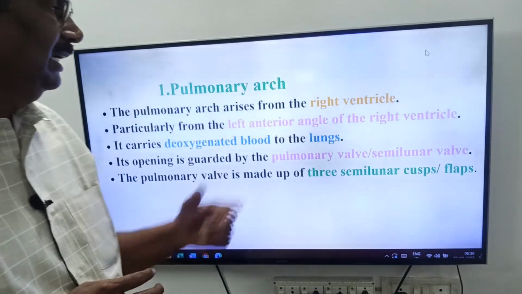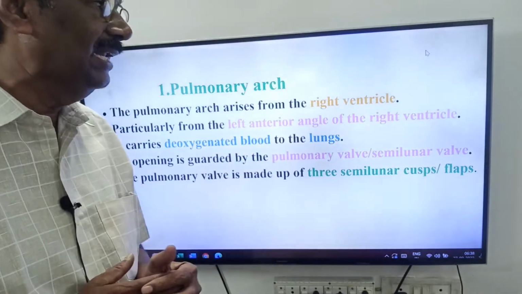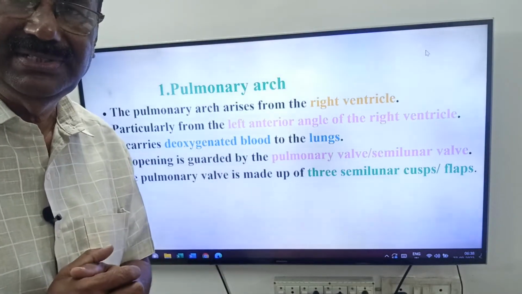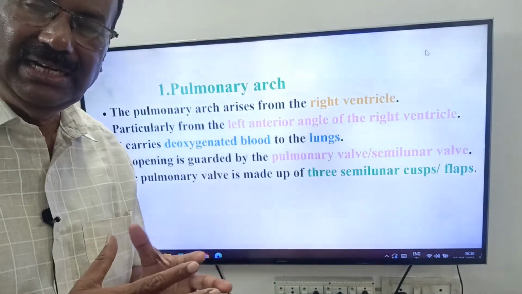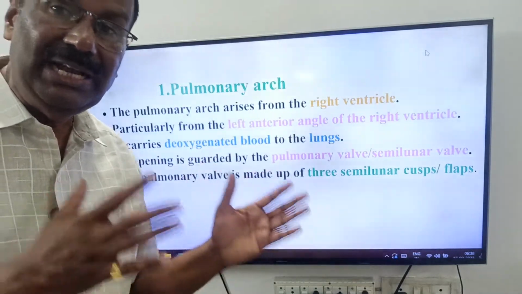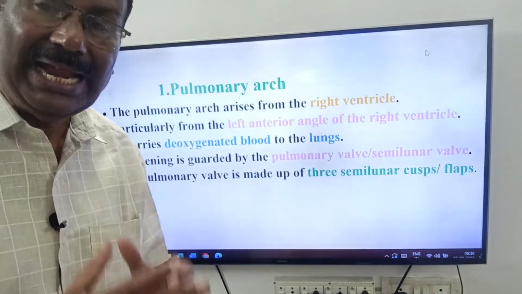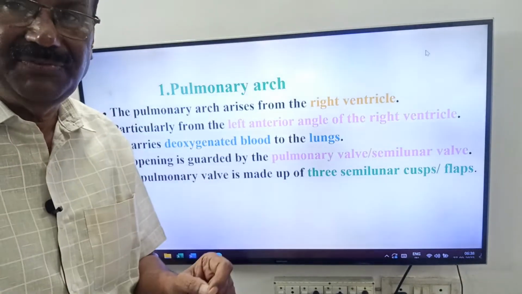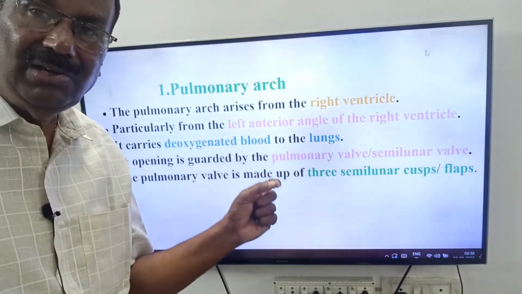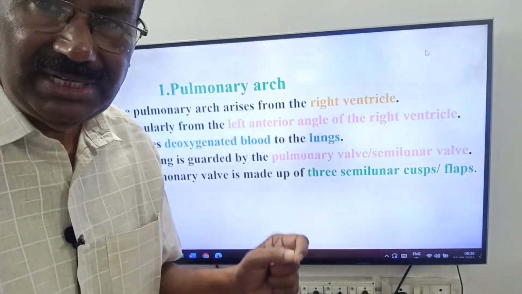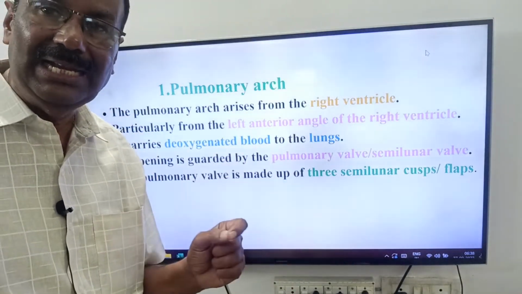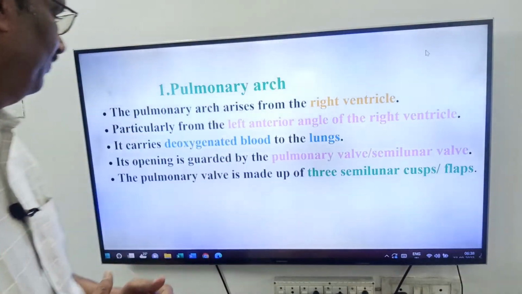But in NEET you have to specify from where it is arising. Particularly from the left anterior angle of the right ventricle. Once again, the pulmonary arch or pulmonary aorta arises from the left anterior angle of the right ventricle.